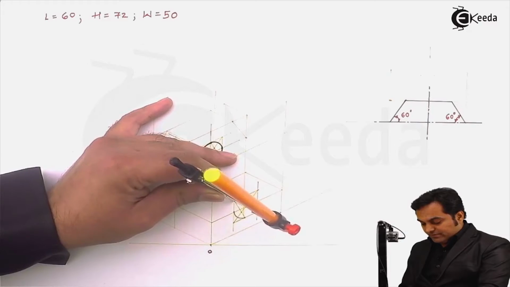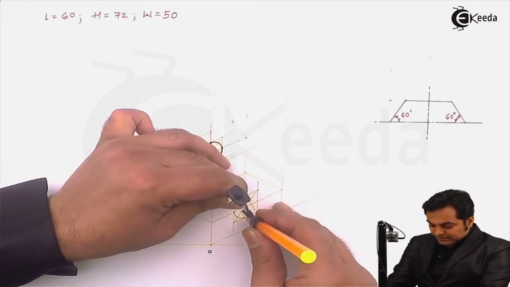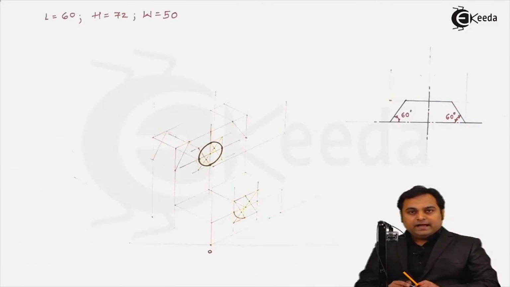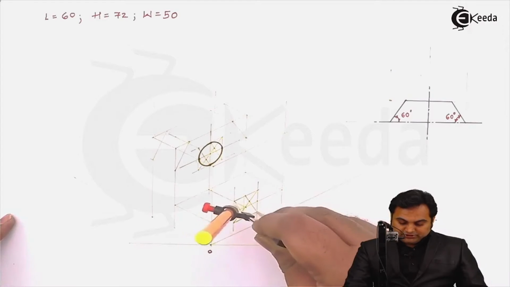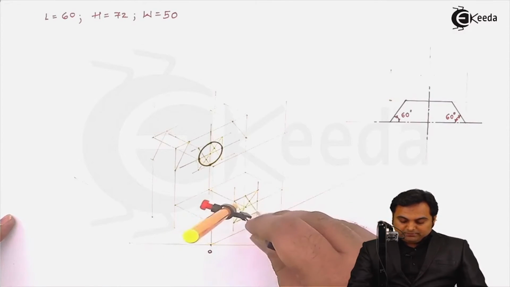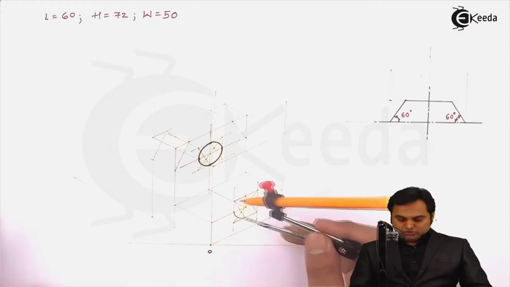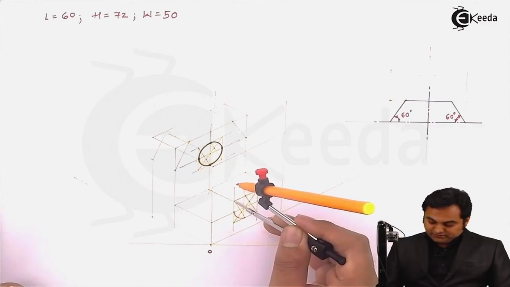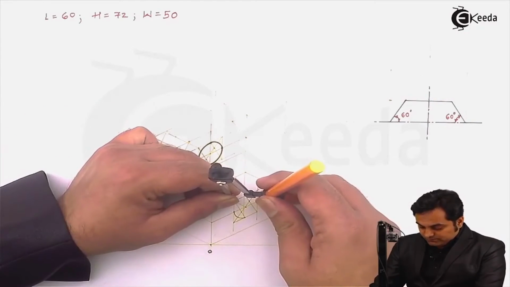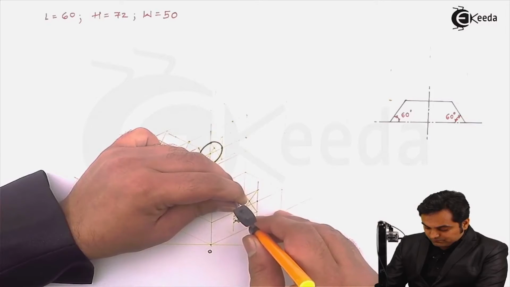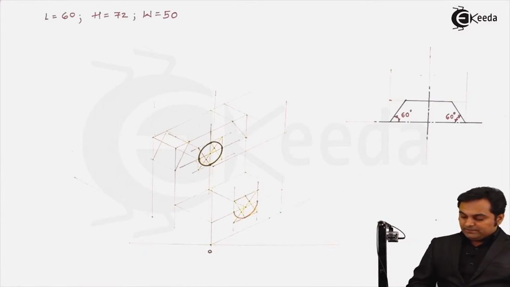That is, this will be my center point, and here I have to measure this radius because I cannot take this point as the center point, because here the semicircle would be completing, that is, it would be going into the diagram and we are getting the circle. So no need of this center point, but this center point is required, which will give us the bottom arc. Drawing it with the help of a light arc.